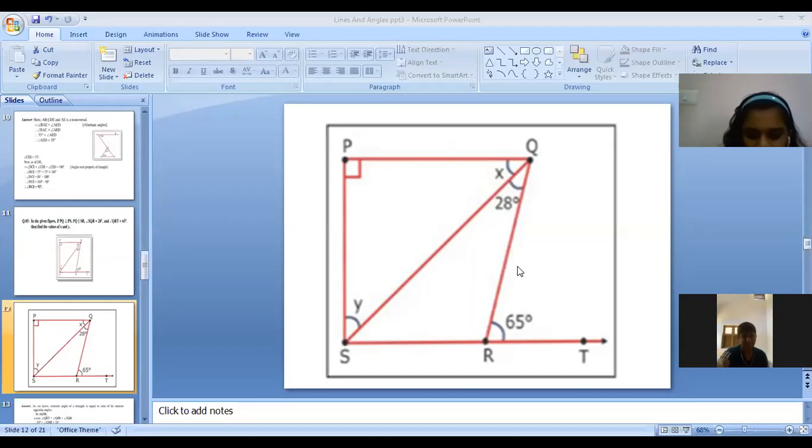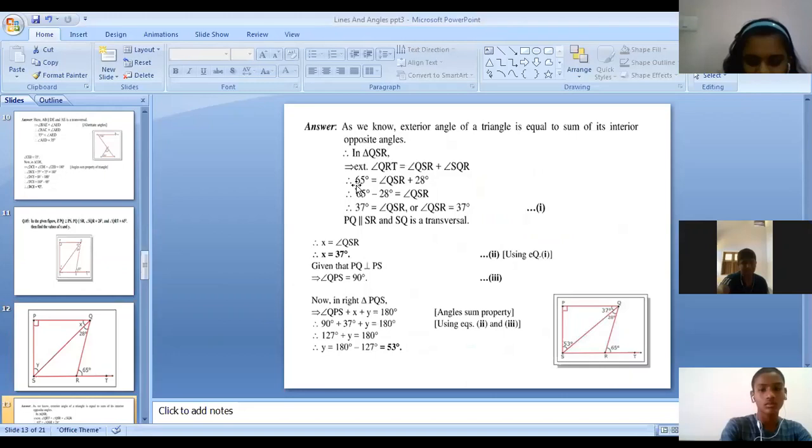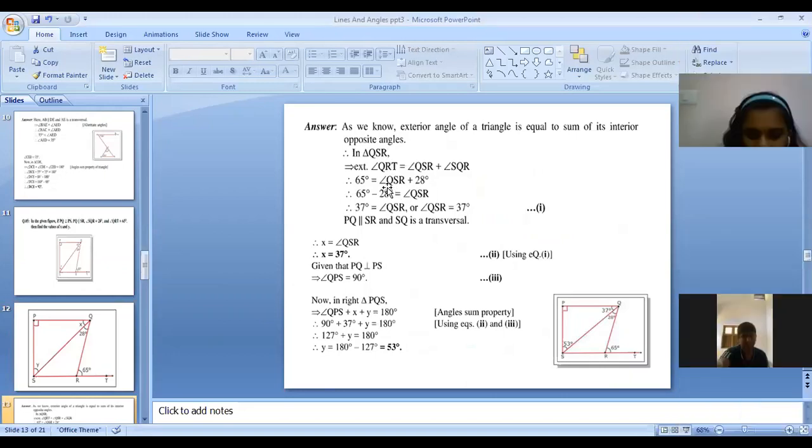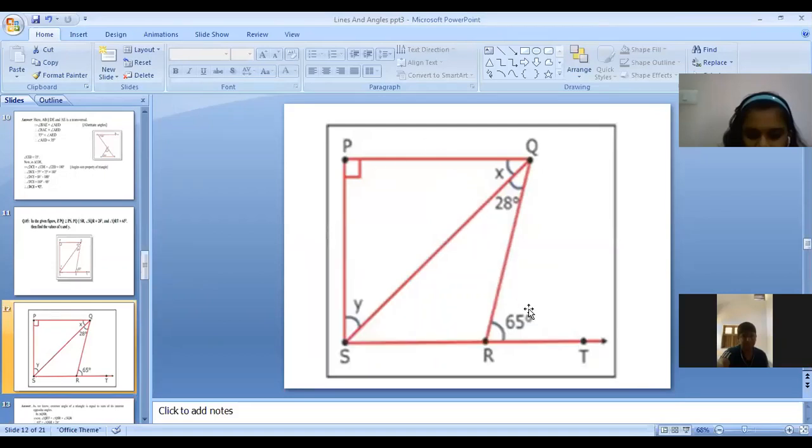Since alternate interior angles are equal, we can say that X plus 28 equals 65.